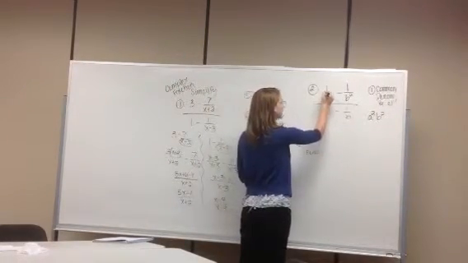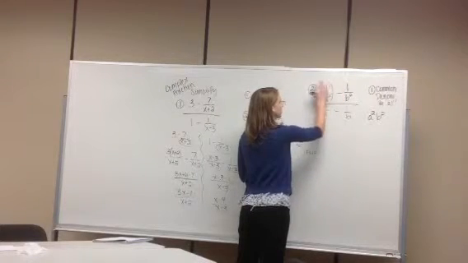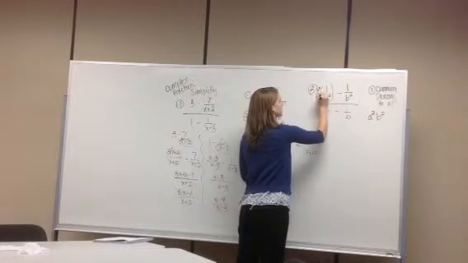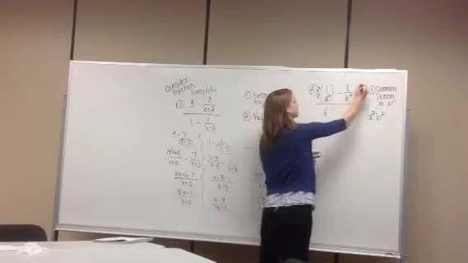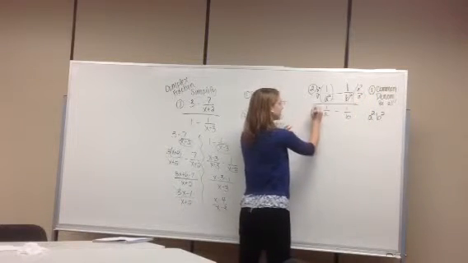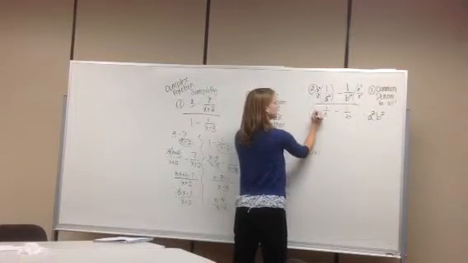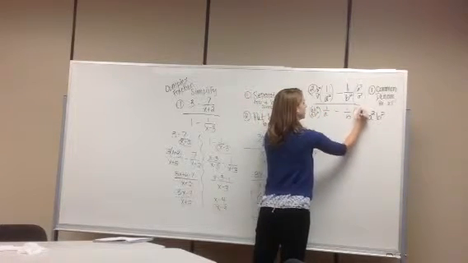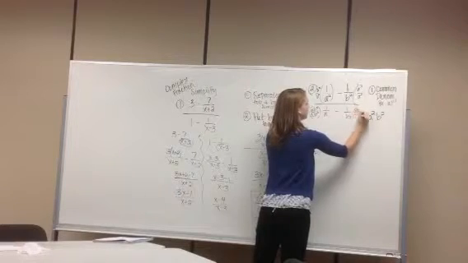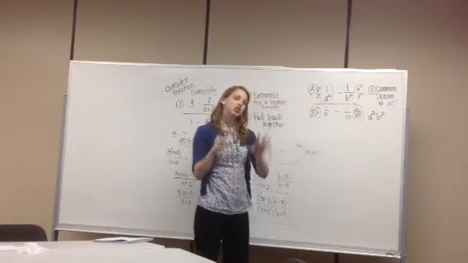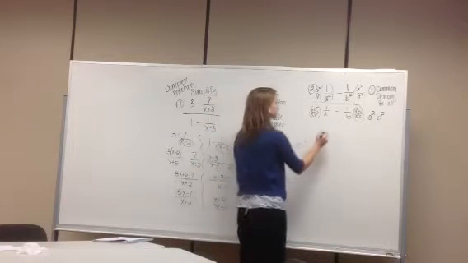So up here, I'm going to multiply by b squared over b squared. Here I'm going to multiply by a squared over a squared. Here I'm going to multiply by, looks like ab squared. And this one's going to be a squared b. So now each denominator should look the same.